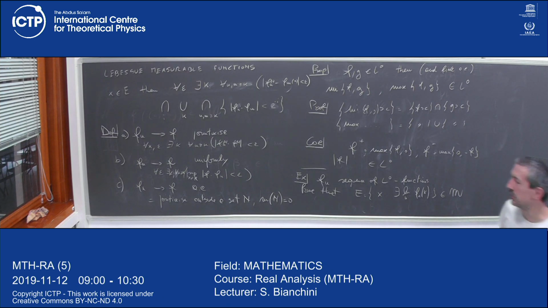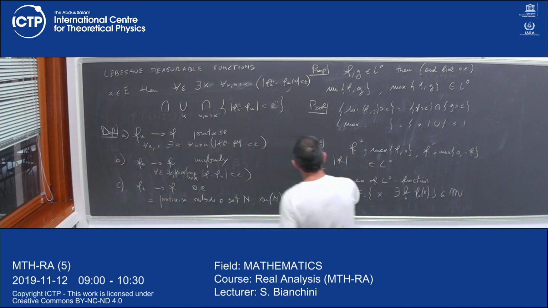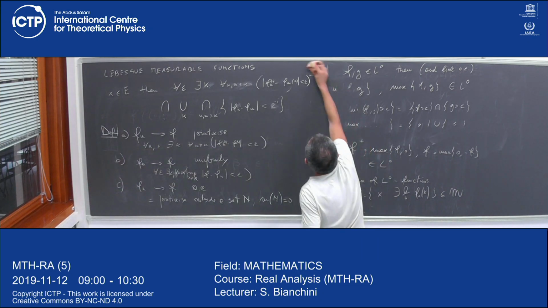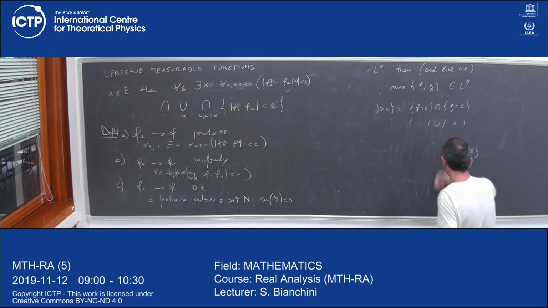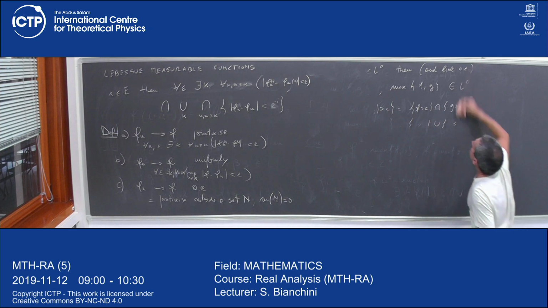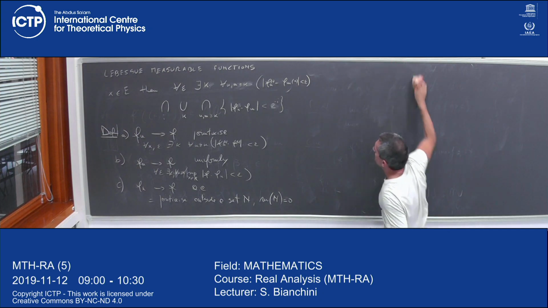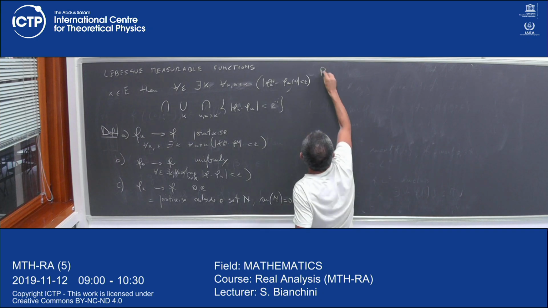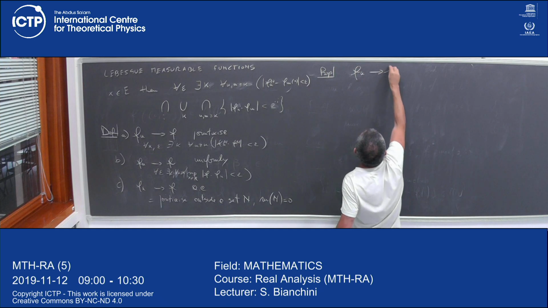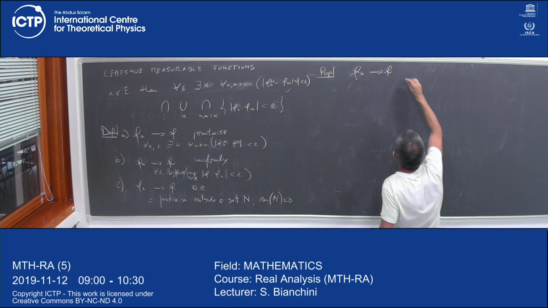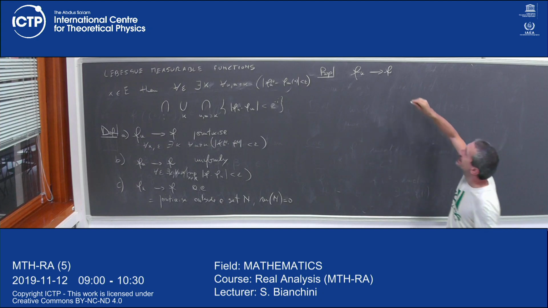Okay, so the proposition: Fn converges to F, and they are in L0.